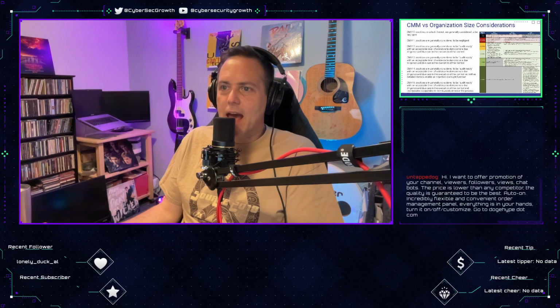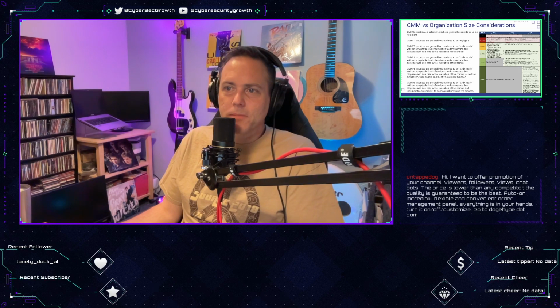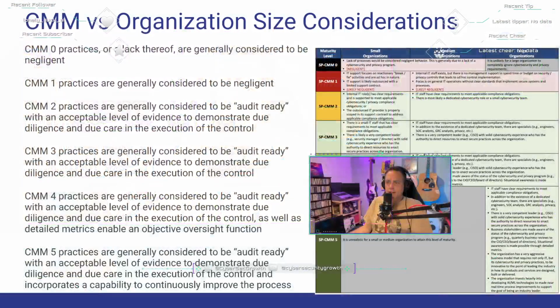CMM 1, performed informally. This level of maturity is defined as ad hoc practices where the control is being performed but lacks completeness and consistency. Base practices of the process area are generally being performed. The performance of these base practices may not be rigorously planned or tracked. Performance depends on individual knowledge and effort, and there are identifiable work products for the process.